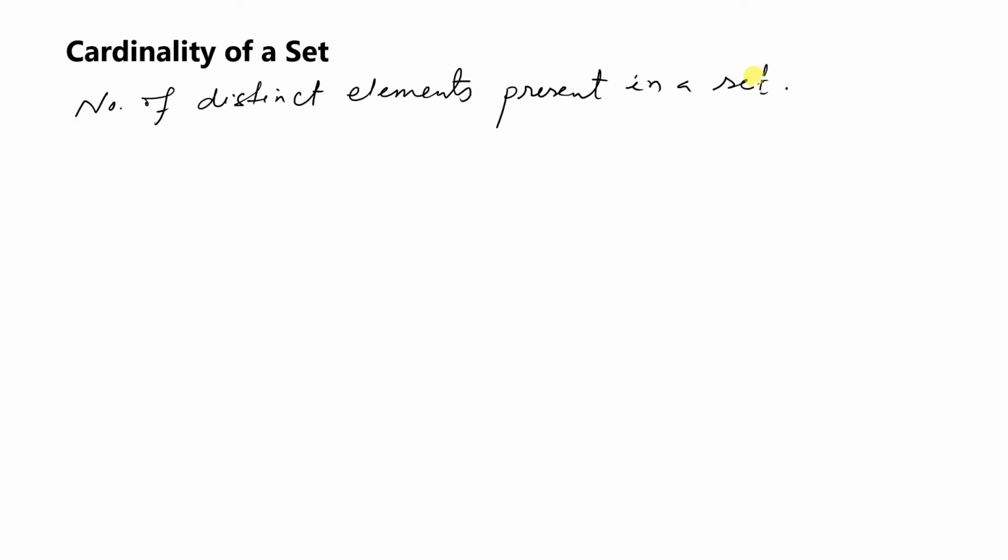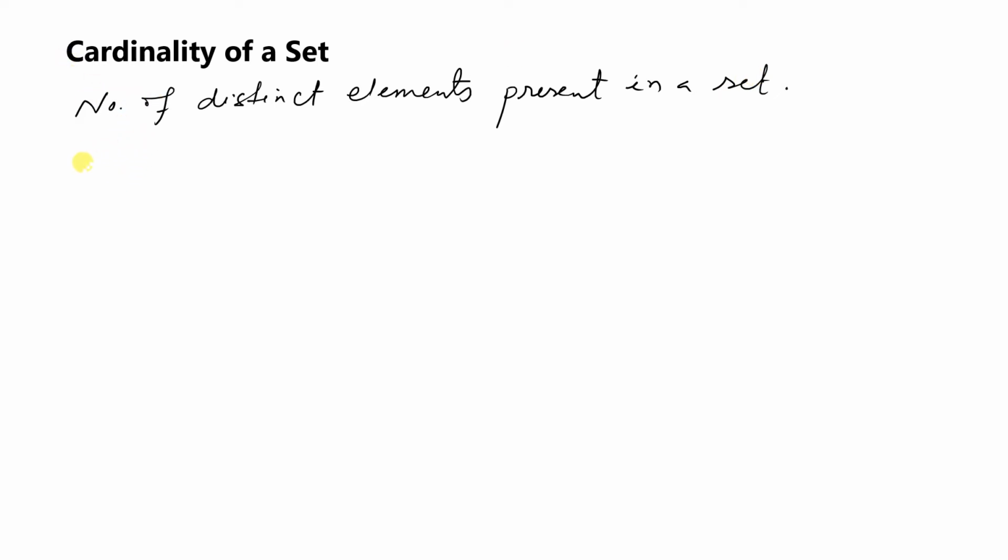Now another is the cardinality of a set. So what is the cardinality of a set? It is simply the number of elements present in the set, that is, the unique elements. You may say number of elements, or distinct elements. The number of distinct elements present in a set is called the cardinality of a set.